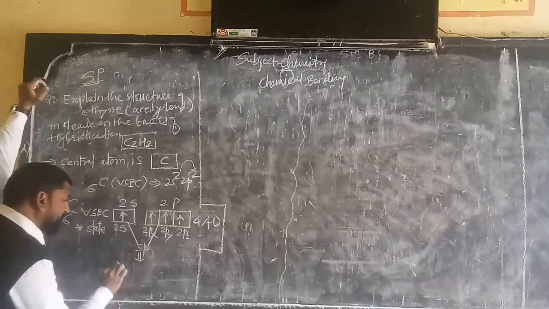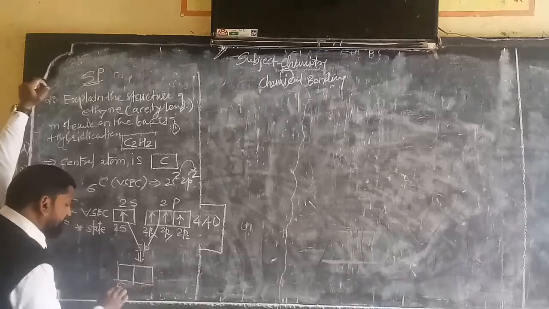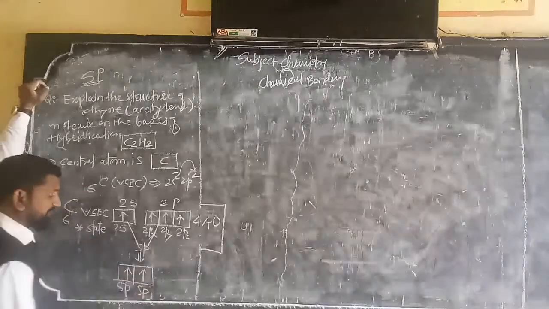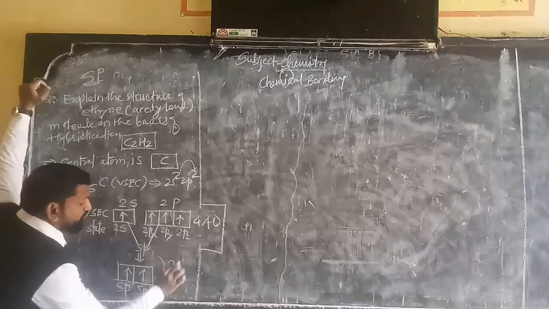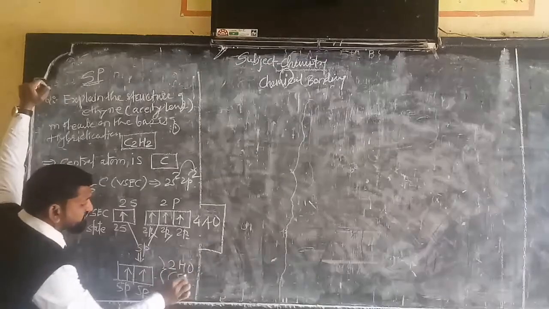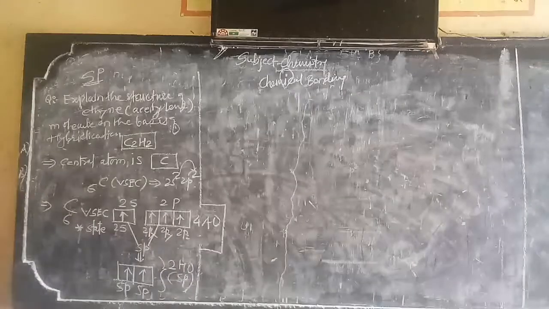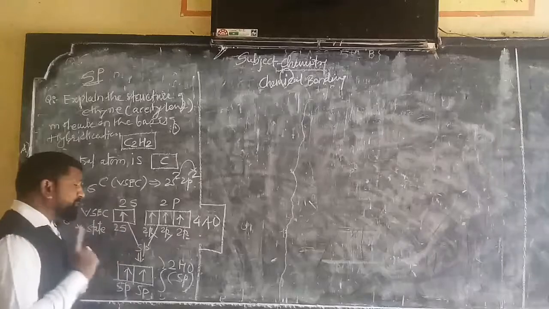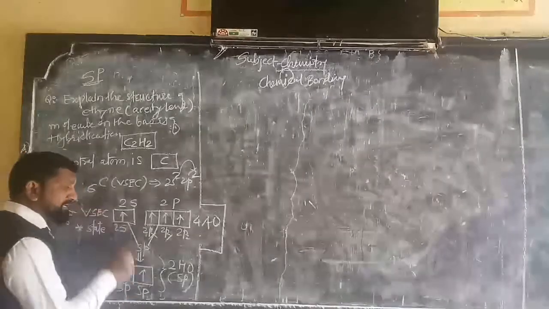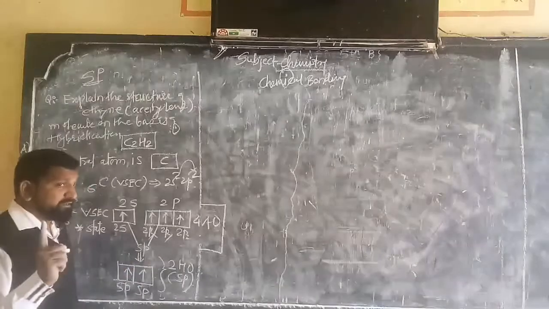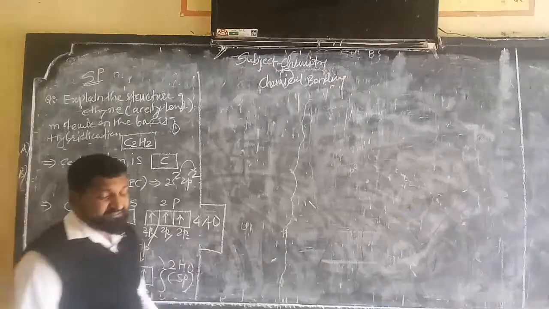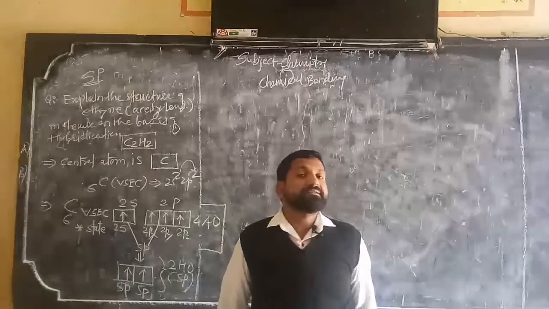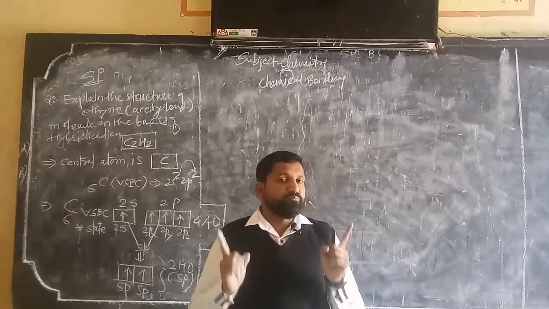Giving what? Giving 2 hybrid orbitals, say sp and sp. Therefore each contains a single electron. Now I am writing here 2 hybrid orbitals having the name sp. Now see here, as in the previous example, there was only one unhybridized orbital, 2pz, but here there are 2 unhybridized orbitals, and as you know very well from theory, each unhybridized orbital is responsible for the formation of a pi bond.